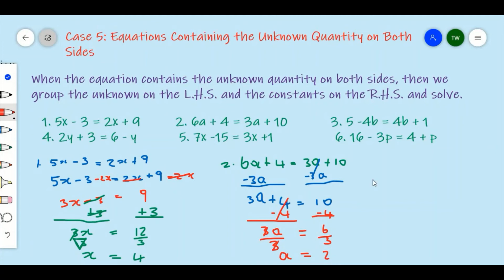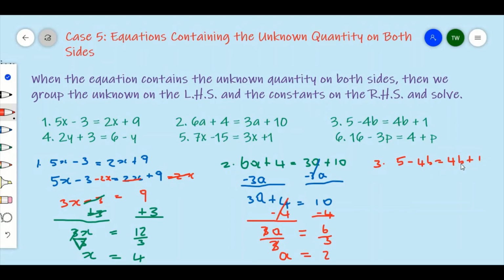Now to our third example. We have 5 minus 4b is equal to 4b plus 1.